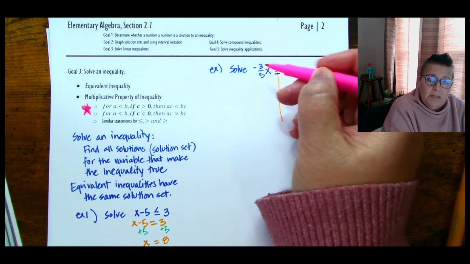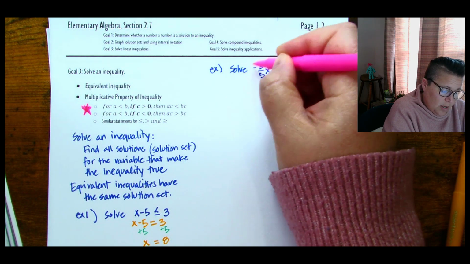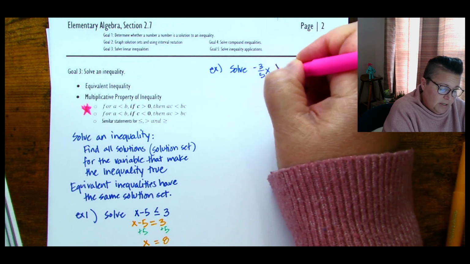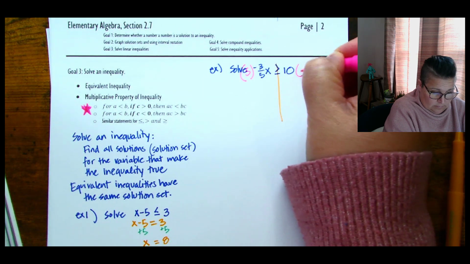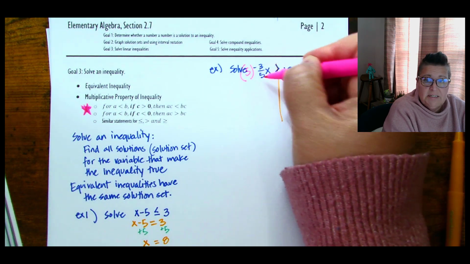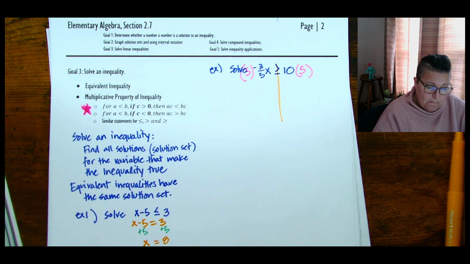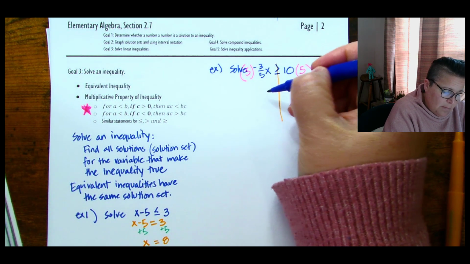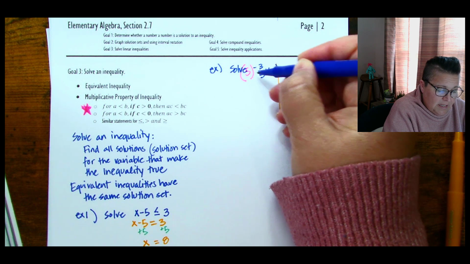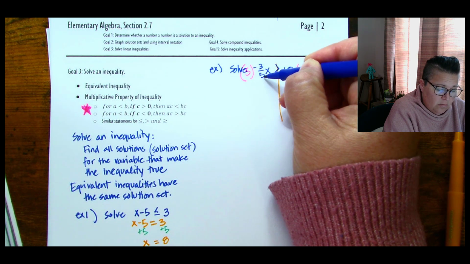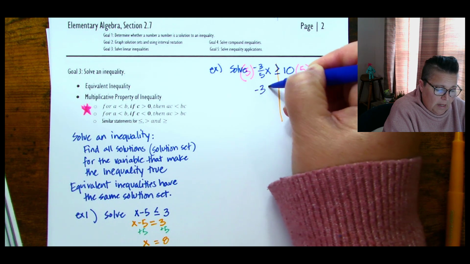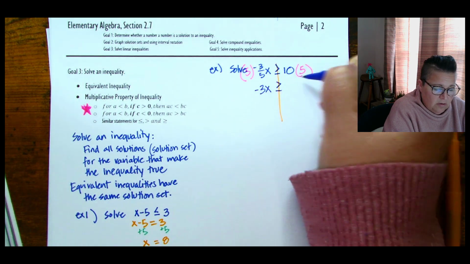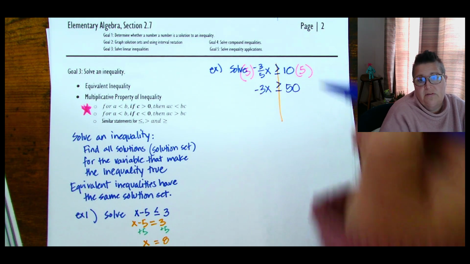So while I'm going to do both sides of this equation, I'm going to multiply by a 5. I've got a denominator, so I am going to multiply both sides of this equation by 5. That's going to give me a negative 15 over 5, which will just be a negative 3x is greater than or equal to 50.